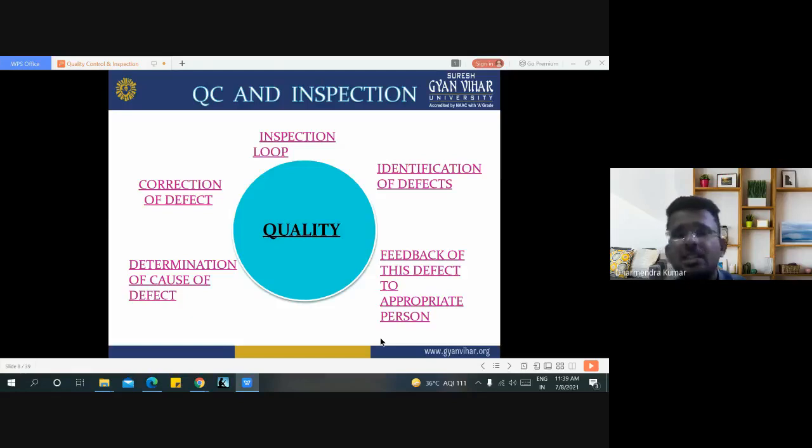Inspection loop: is there any inspection loop during the machining process or during the quality of raw material? We also check this in the inspection process.